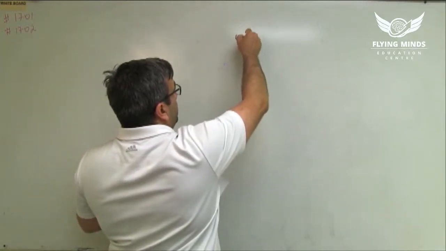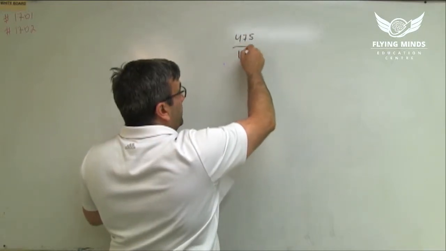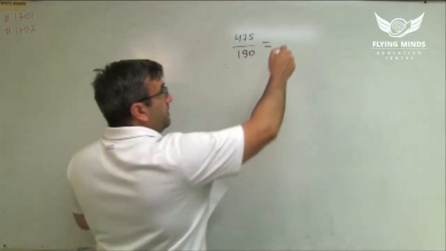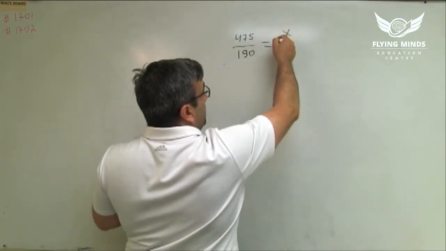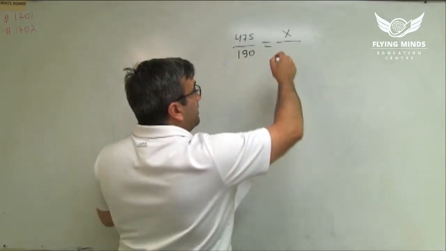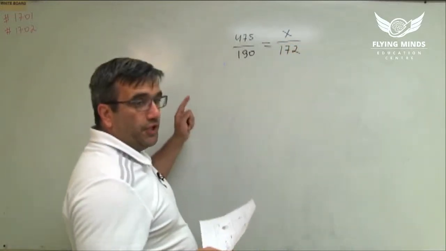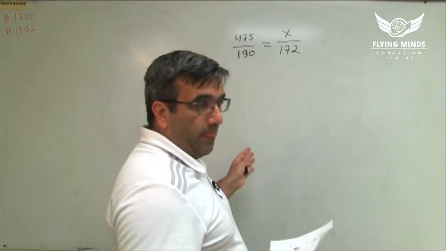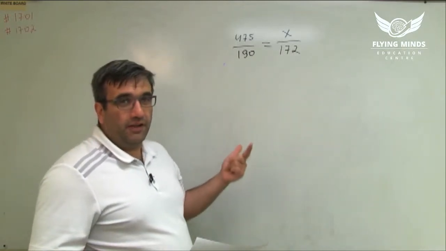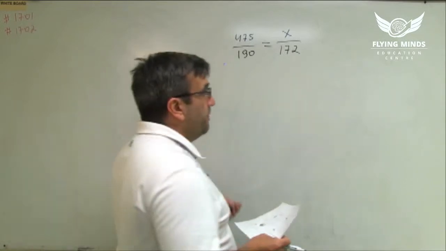So 475 related to 190 is the same as the height of the tree, which we don't know, this is what we need to find, related to the height of Hank, 172, right? And again, we double check that all units are the same, so all distances and heights are given in centimeters.